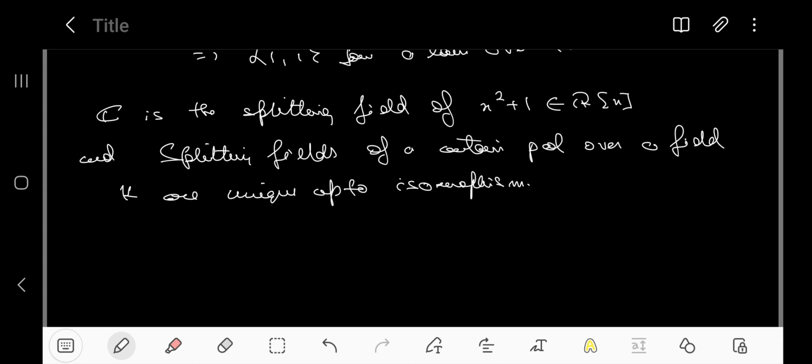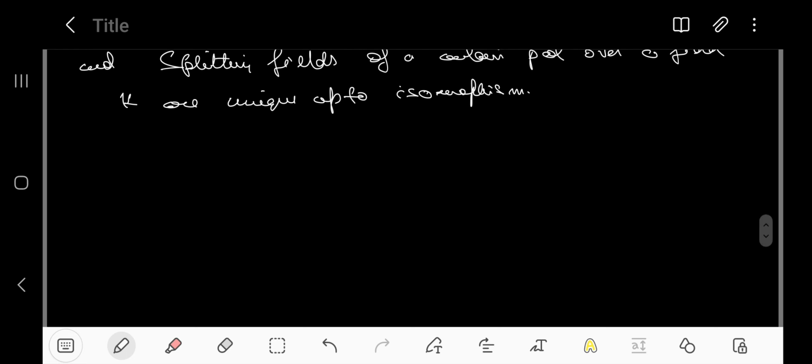Now we want to discuss the properties of the elements in C. Notice this, let a plus ib be equal to c plus id. We know that this holds if and only if a equals c and b equals d, and we have done this in our junior classes, right? We have just stated this.